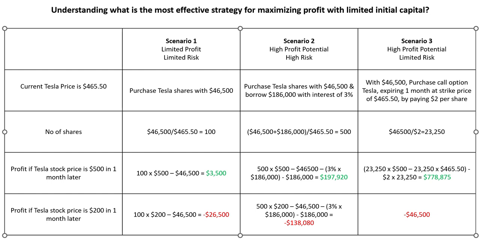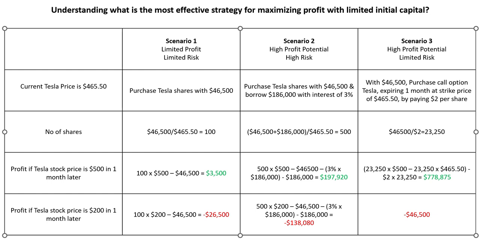So what happens if 1 month later Tesla drops to $200? Your loss is $138,080. The same formula, you just take 500 shares times $200 minus the initial cash on hand, minus the interest incurred, and minus the amount borrowed.